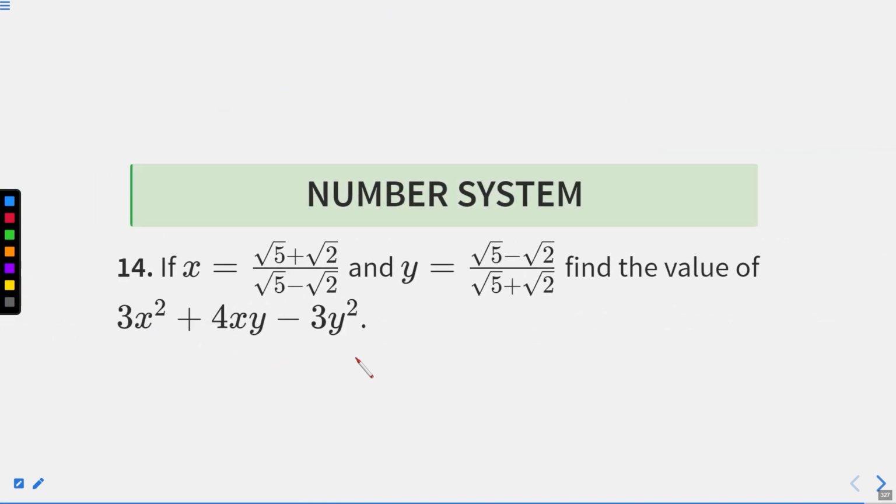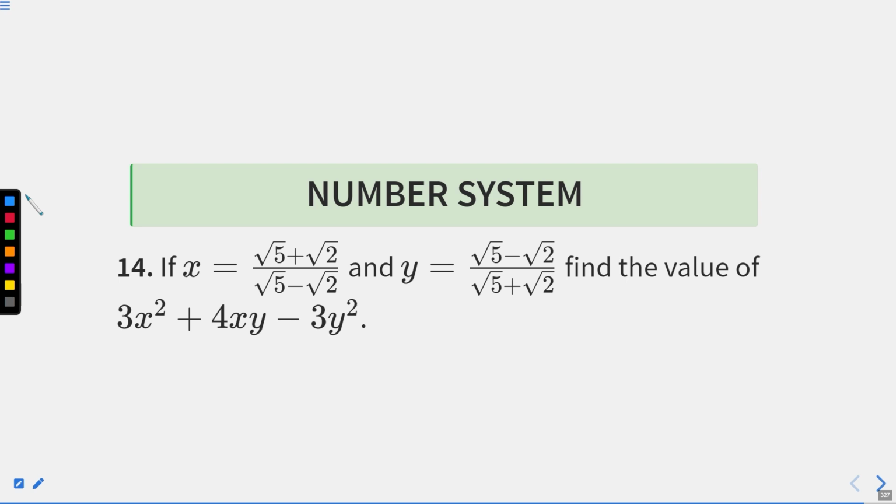Now this one, the 14th question. So x is given, y is also given. I am just giving you hints, because I've already solved many questions for you. The main aim of this lecture is to provide you questions for practice.